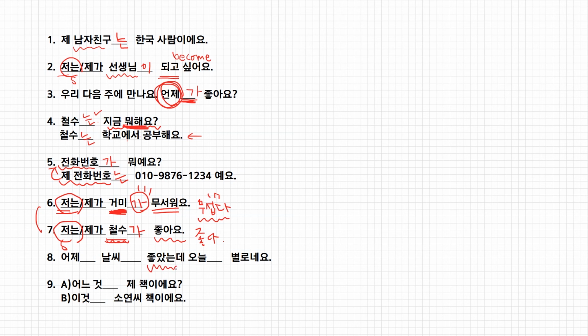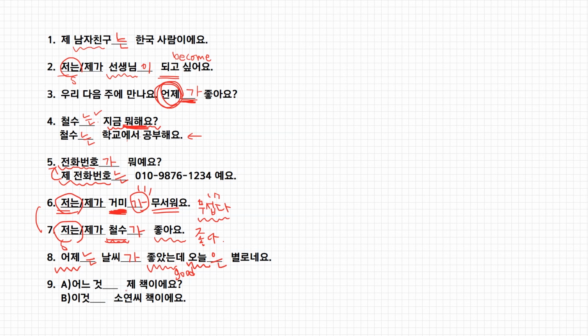The weather was great yesterday, but today is not so good. What's good? 날씨. The weather is good. And here, 어제, yesterday, 오늘, today, you're showing some comparison, right? Therefore, 어제는 날씨가 좋았는데 오늘은 별로네요.